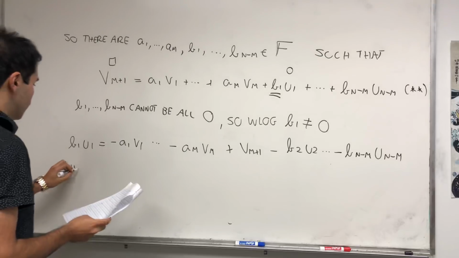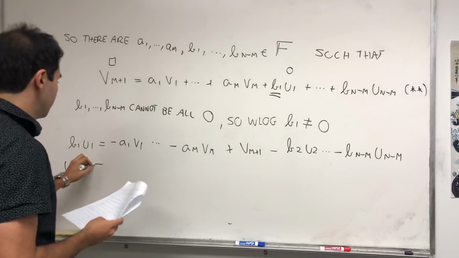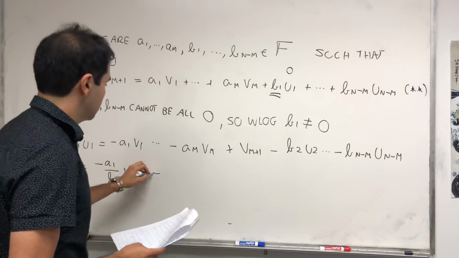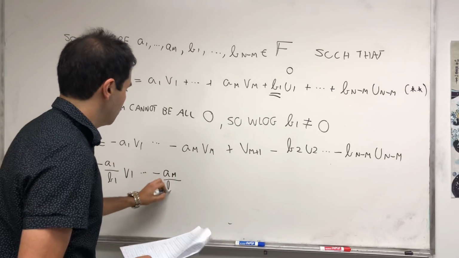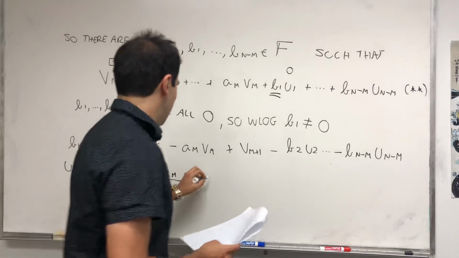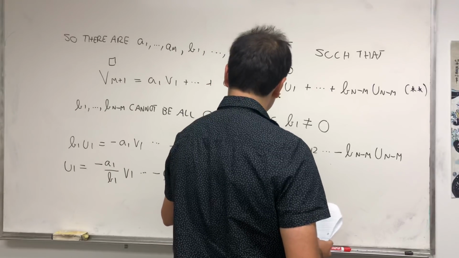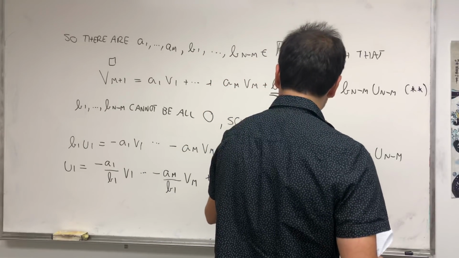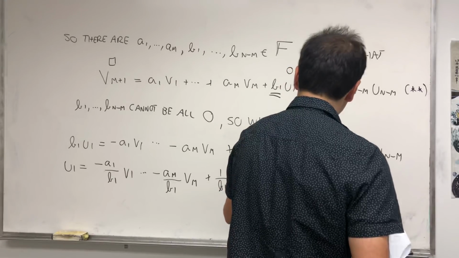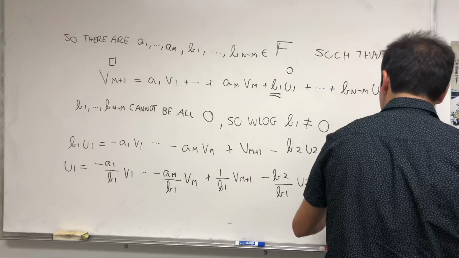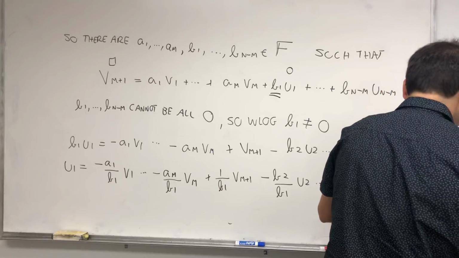And so solving for U1, because B1 is non-zero, it's minus A1 over B1 V1, dot dot dot, minus Am over B1 Vm, then plus 1 over B1 V_{m+1}, minus B2 over B1 U2, dot dot dot, minus B_{n-m} over B1 U_{n-m}.